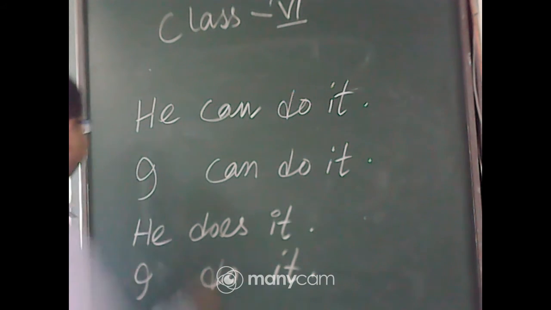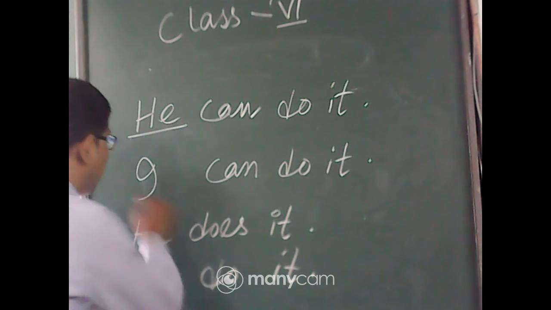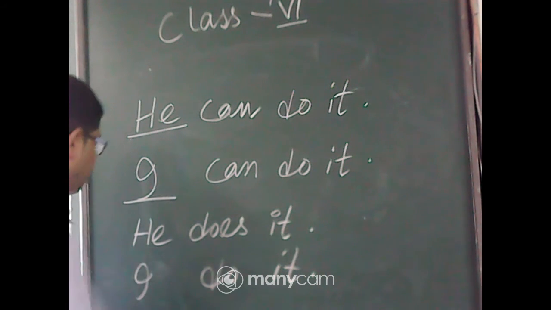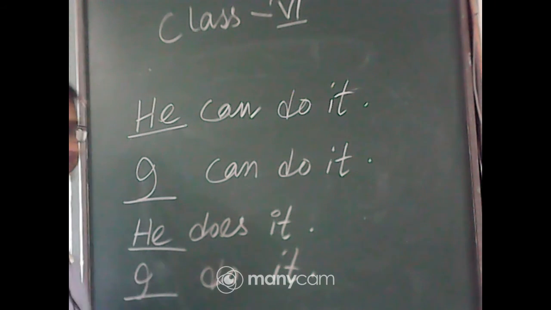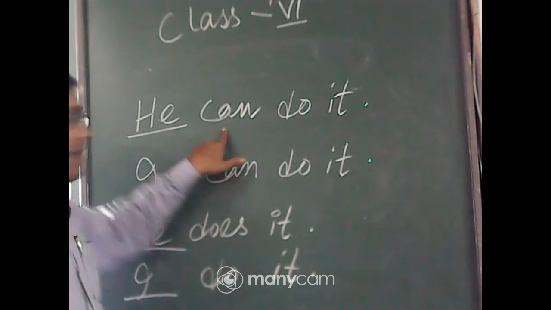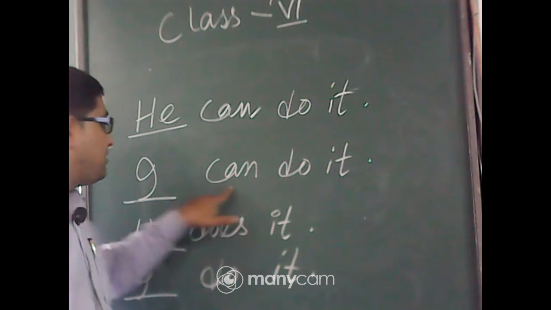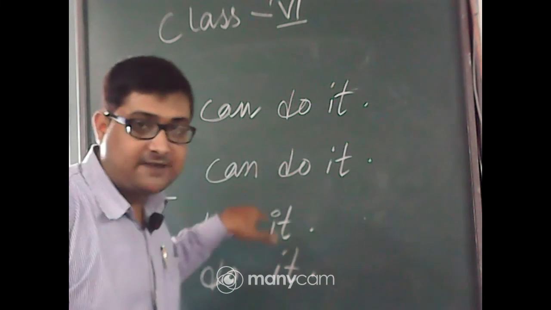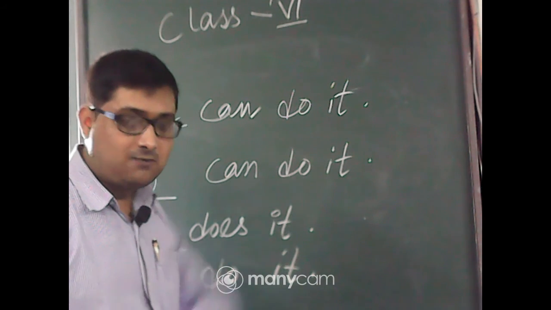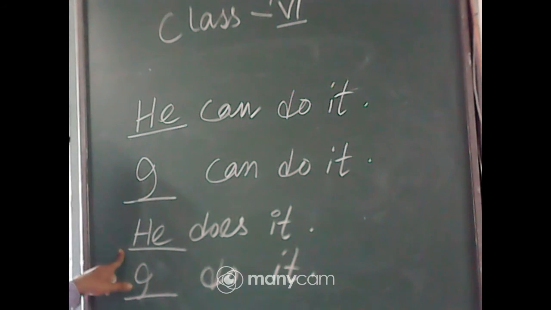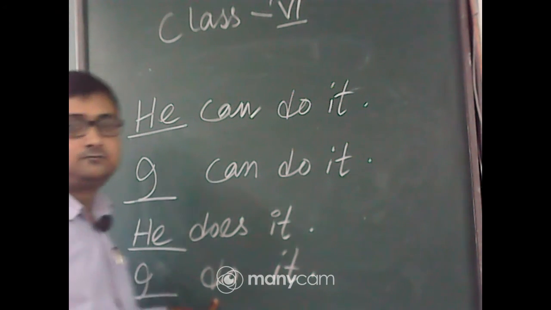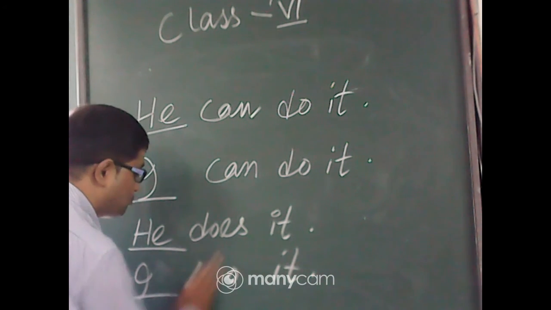Here he is third person singular, I is first person singular. Here after he I have written can, after I also written can. So there is no difference in the form in modal verb, whereas there is a difference in the form in ordinary verb. He does, I do.